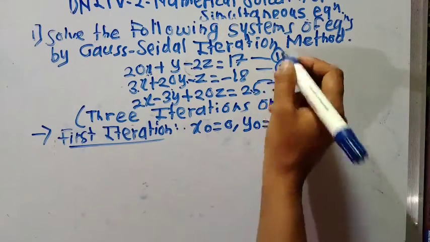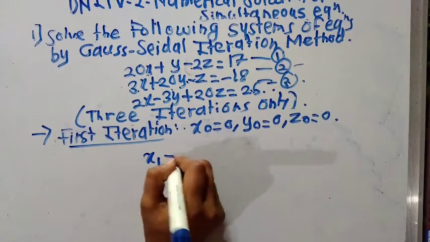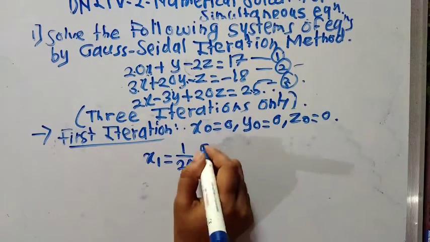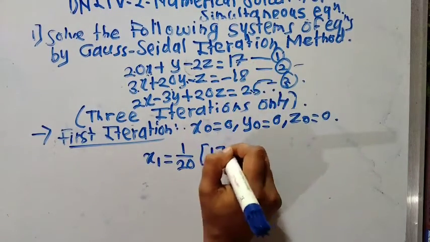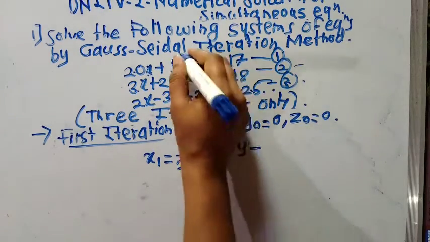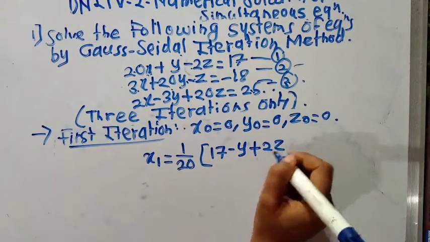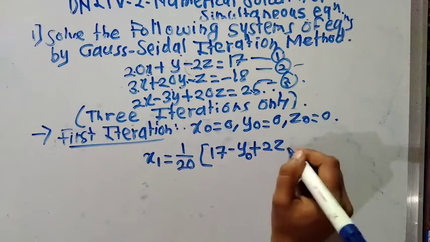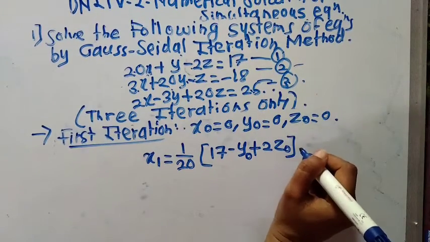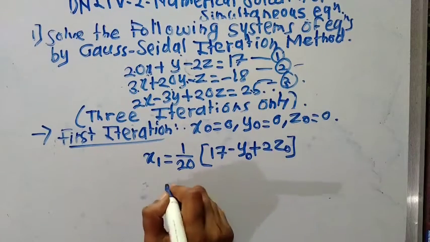Then from the first equation x1 is equal to 1 divided by 20 into 17 minus y0 plus 2z0.